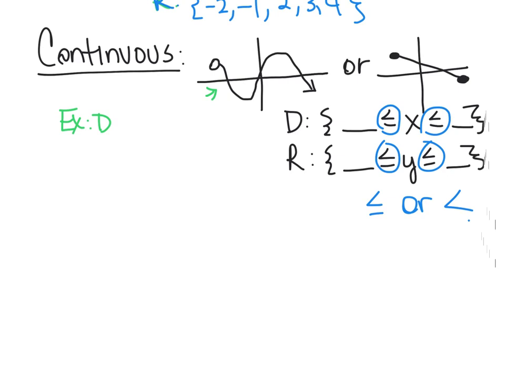Our domain is our lowest, say it's -3. It's an open circle, so I'm just going to use the less than, not the equal to. Put an x there because it's domain, and then it's going to continue this way forever because of this arrow.